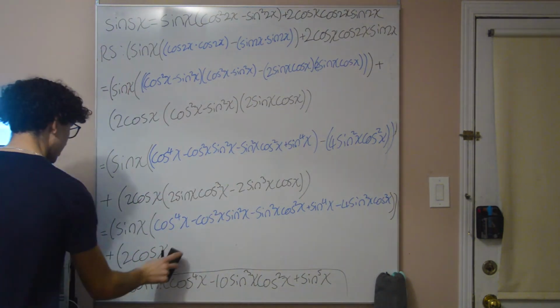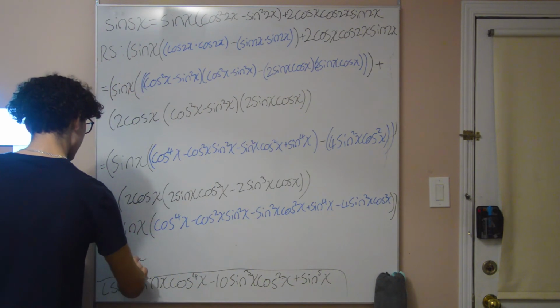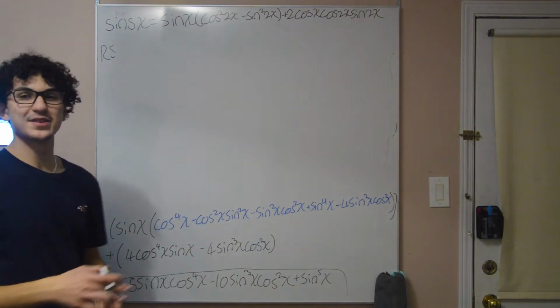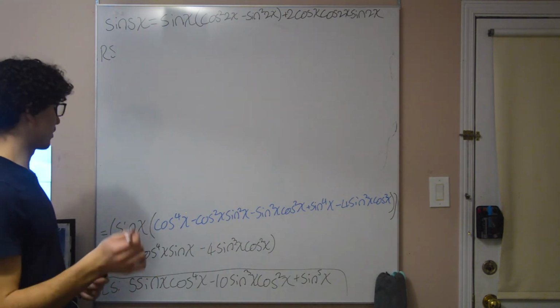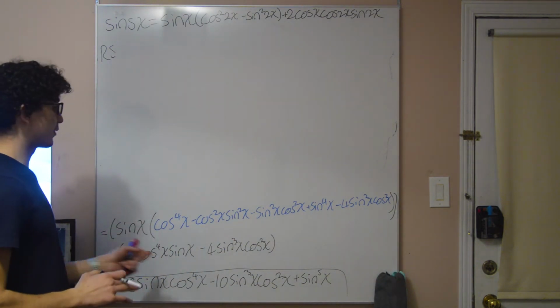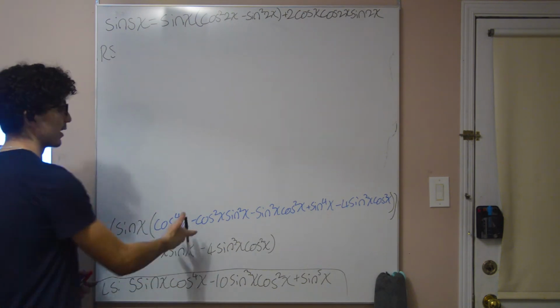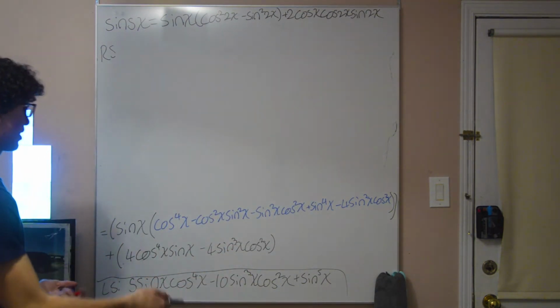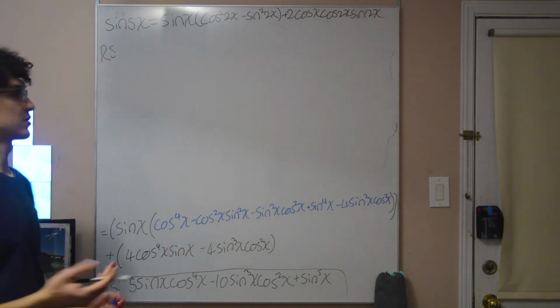So this then becomes, so once we multiplied that through, sorry, the camera cut out and I erased everything, so I have to write it back. But anyways, now that we've done that, I'm going to move this up to the top, and this blue section here, we're going to find like terms and we're going to simplify it. Then we're going to run the sine x right through it.